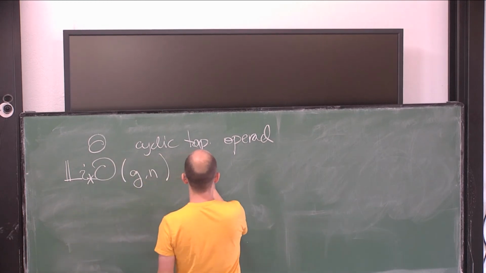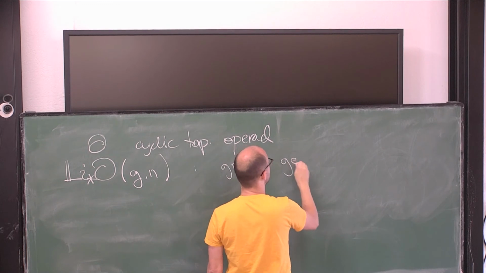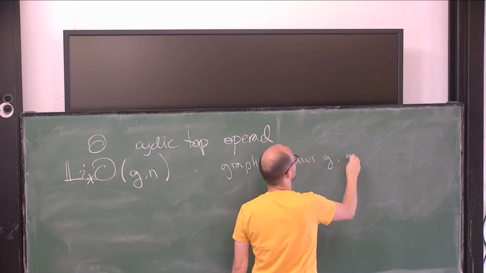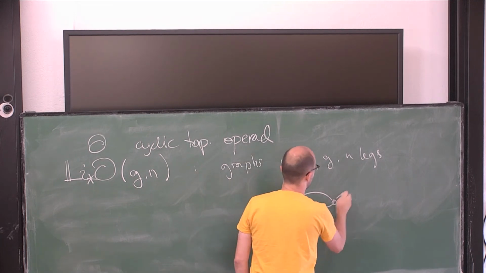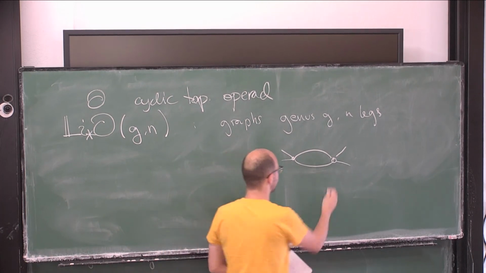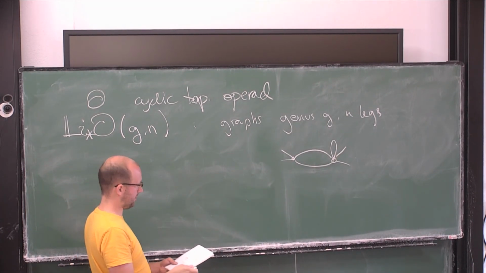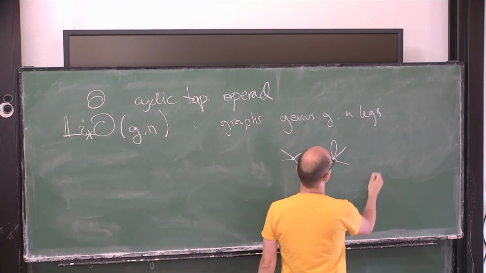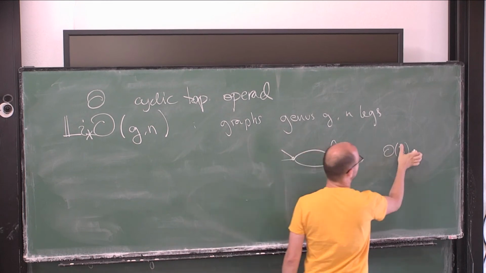I'm going to look at graphs of genus g with n legs. To such a graph, I would attach the operad decorations.